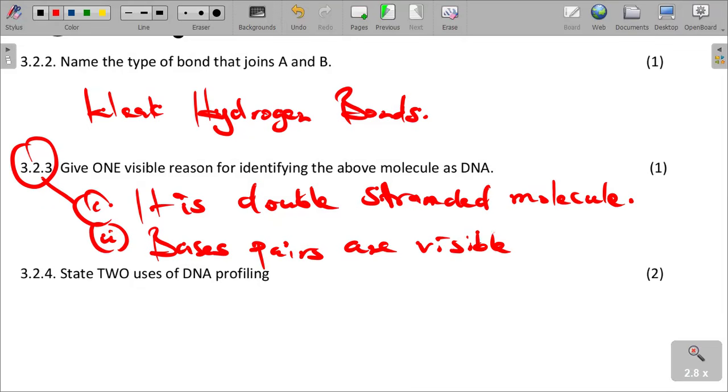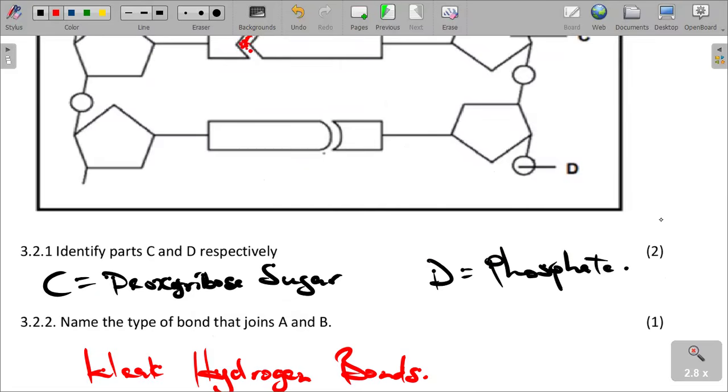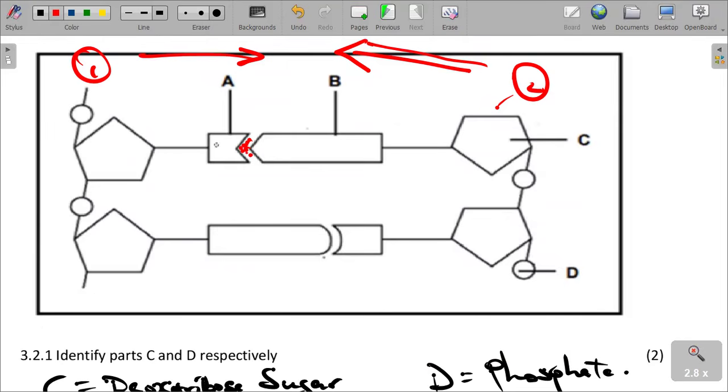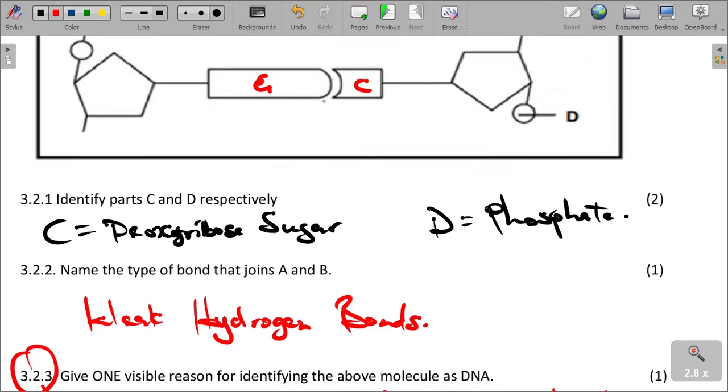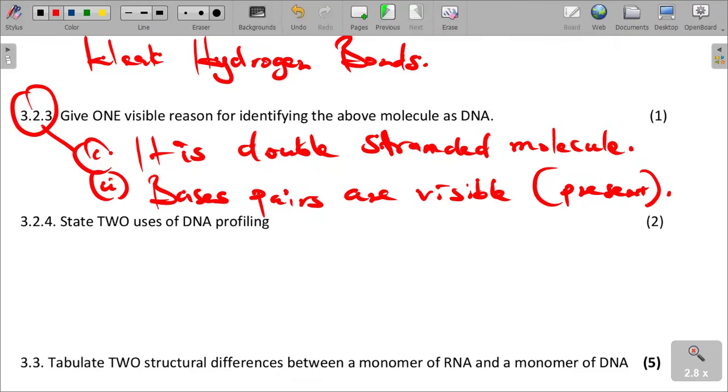They are visible. As you can see, we say A and B. This is base A, adenine, and then T, thymine, and then we have the weak hydrogen bonds there. It is G, and it is C. So base pairing is visible, as we can see on this diagram. That is the reason why we say that.